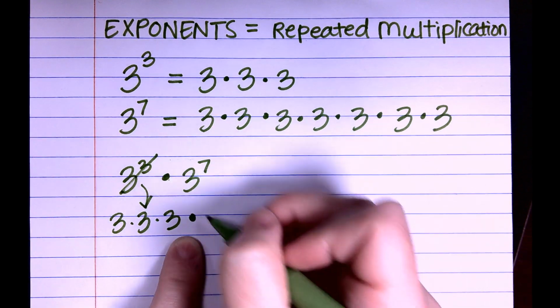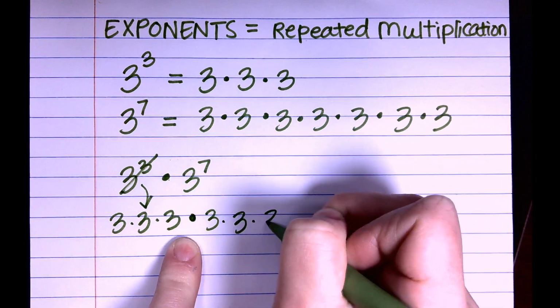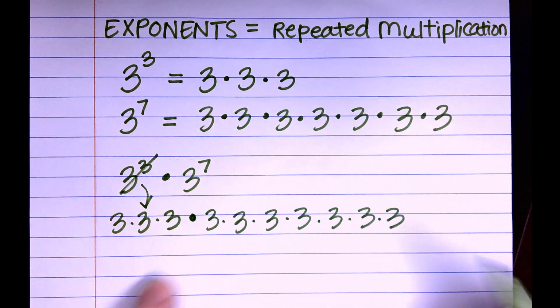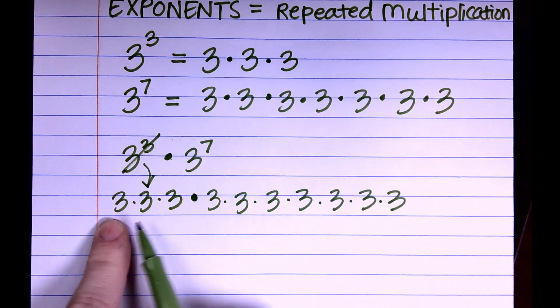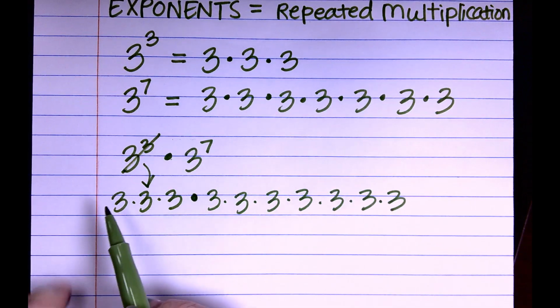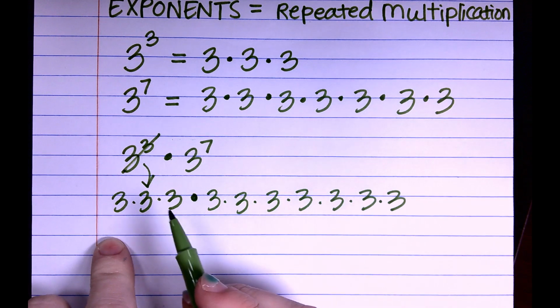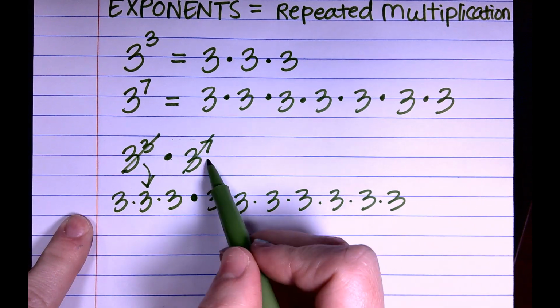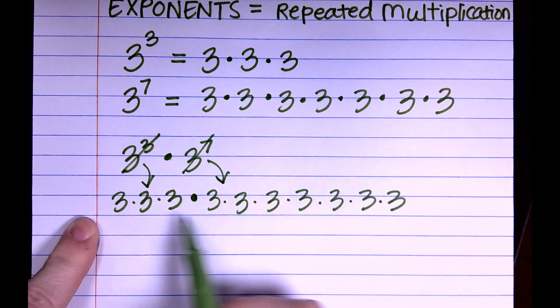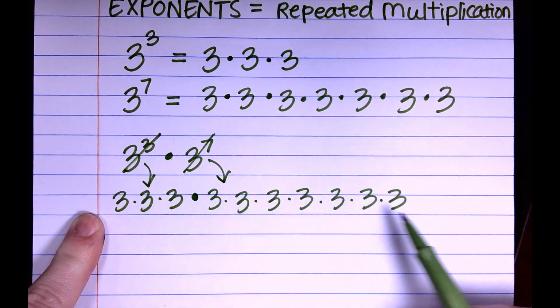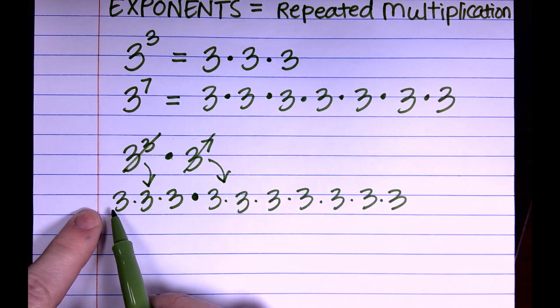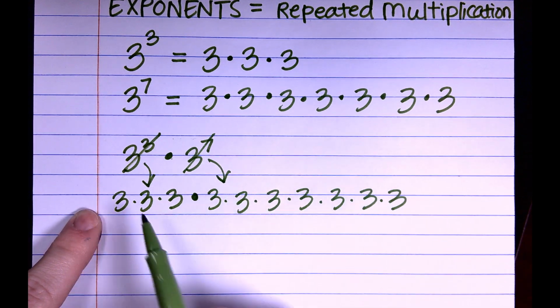I've got 7 of those. 1, 2, 3, 4, 5, 6, 7. Now remember, the exponent, that number tells us how many times we multiply the 3. So looking at this now, how many times do you count us multiplying 3 here? 7 here, 3 here, 10 total.